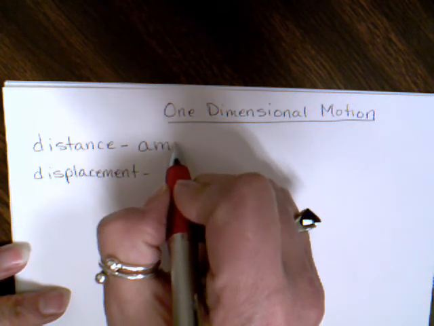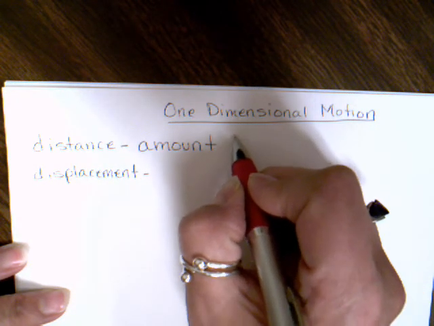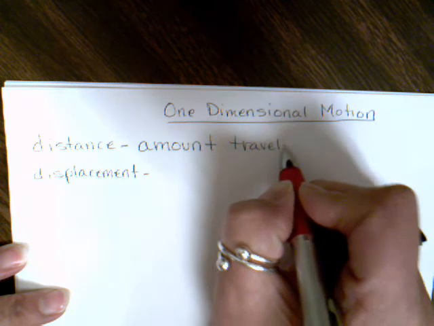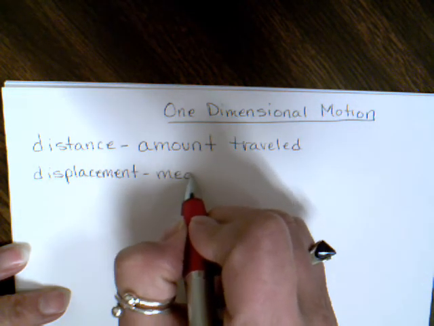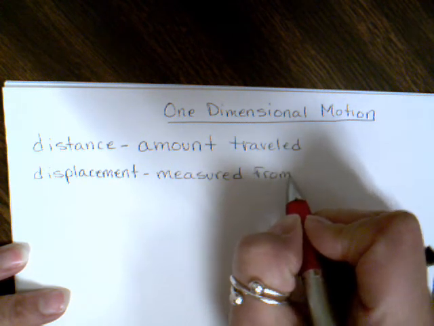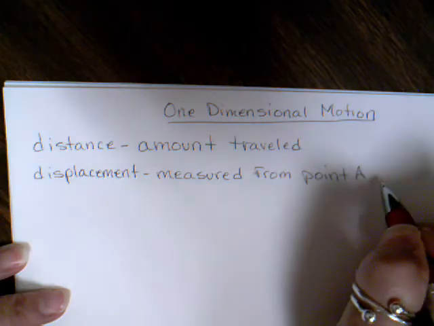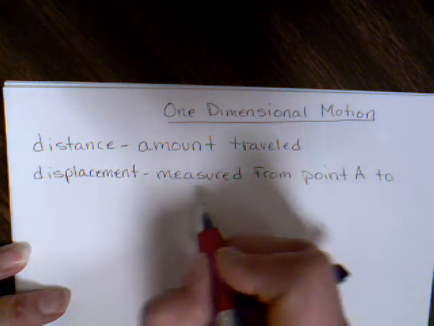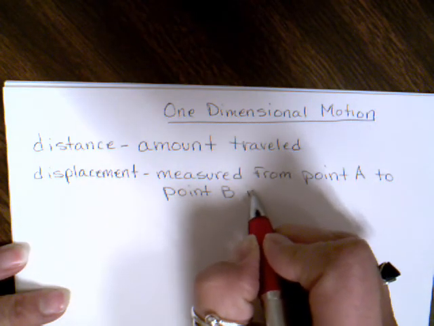Distance is the amount traveled. Displacement is measured from point A, or from your beginning point, to point B in a straight line.